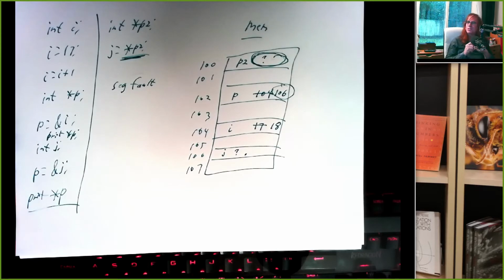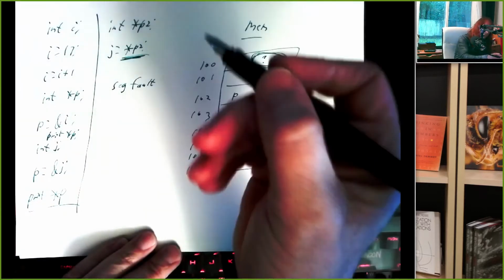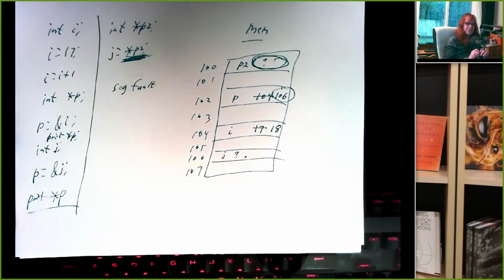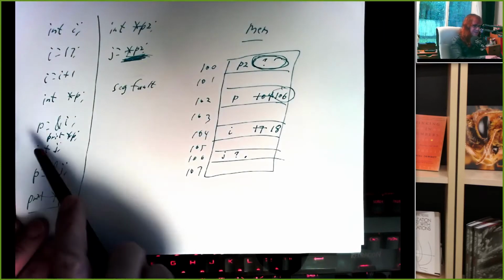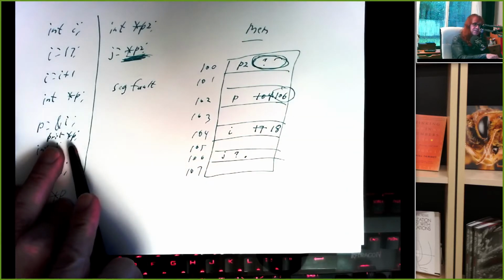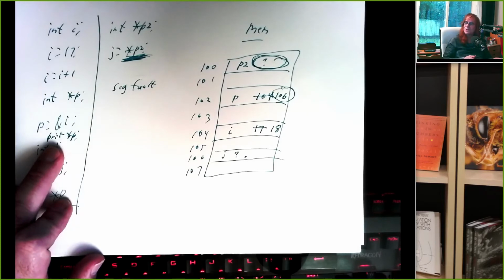And probably the most common cause of seg faults in this class and in 224 is not initializing a pointer correctly. Now if I set my pointer equal to the address of something and then I use star pointer, that's going to work. That's going to be fine.